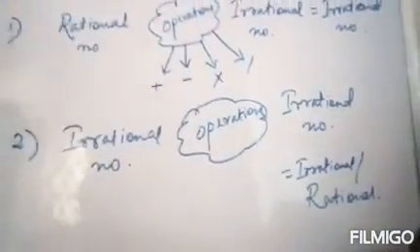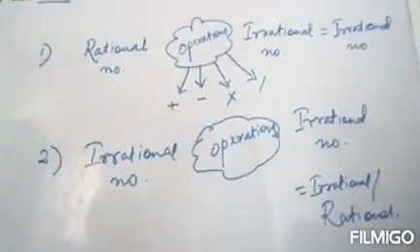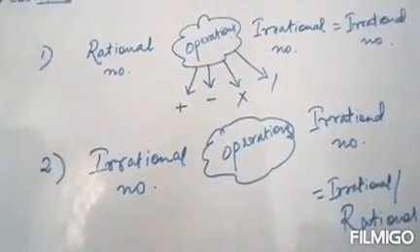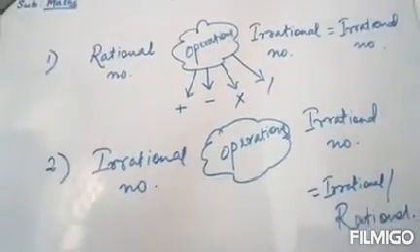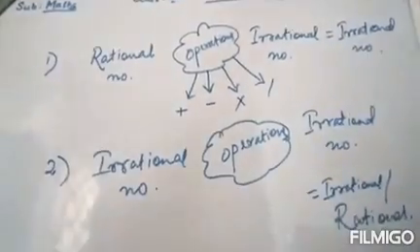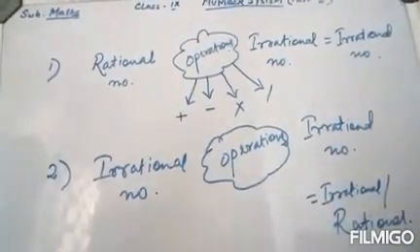The outcome of the operation may be rational or irrational. Understood? So let's see with an example how it comes.